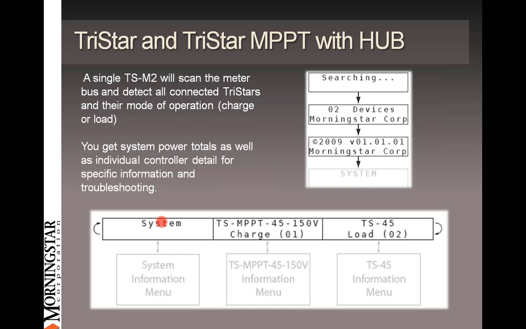And then you're going to get a system display. That's going to add up all the chargers, add up all the loads. And if you want to see the net current into the battery, it's going to subtract the load from the charge to see how much is remaining to go into your battery. And then, as I said, you can go into detail on each of the individual controllers as well on down the line.